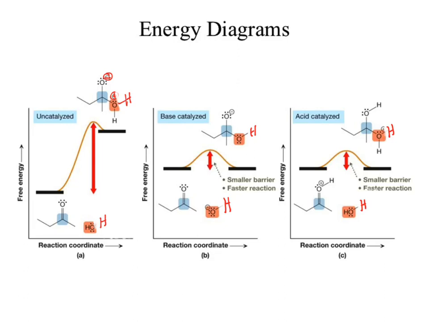In our first structure, we have a positive and a negative. And the second one, under basic conditions, what happens? We still have a formal charge, but we only have one formal charge. Under acidic conditions, we have a different formal charge, but it's still only one formal charge. That one formal charge drops the energy of the intermediate, and we end up seeing a faster reaction occur because of it.